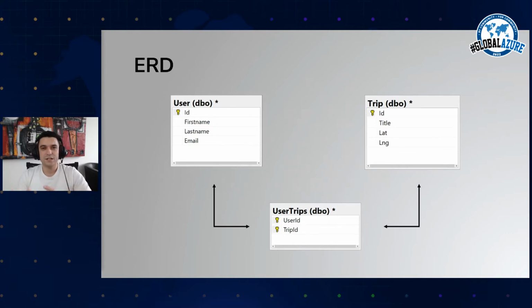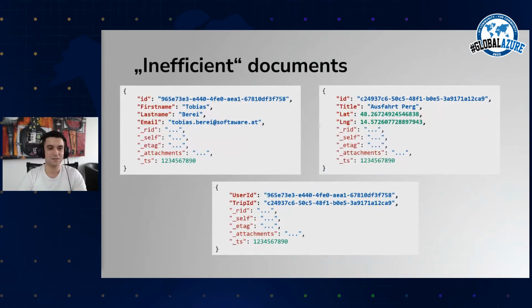But when switching towards Cosmos DB, we unfortunately end up, if we translate this traditional model, with some pretty inefficient documents. Let's take a look. So these are sample JSON documents that we could store in our Cosmos DB. Again, on the top left, there's our user object. On the top right is the trip object, and the bottom part is our many-to-many relationship.